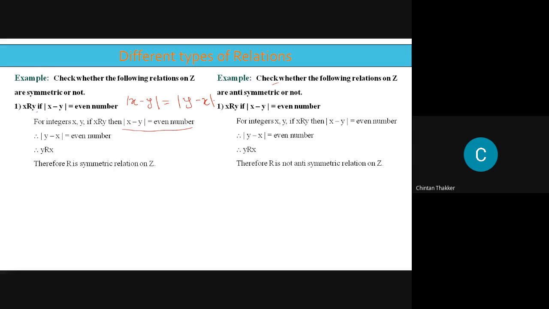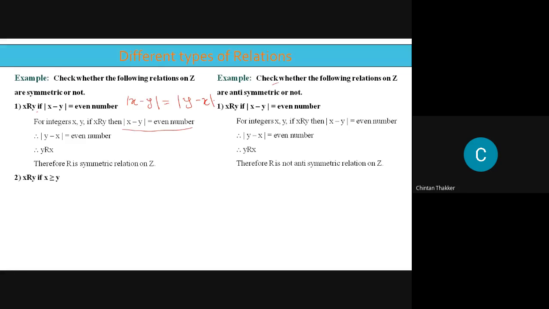In a previous slide, we checked that we have a relation R1 on A which is neither symmetric nor anti-symmetric. So symmetric and anti-symmetric are not opposite relations. They are different types of relations.